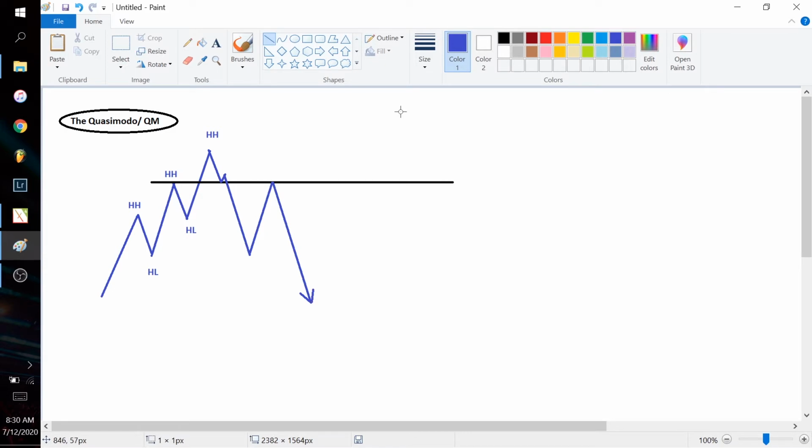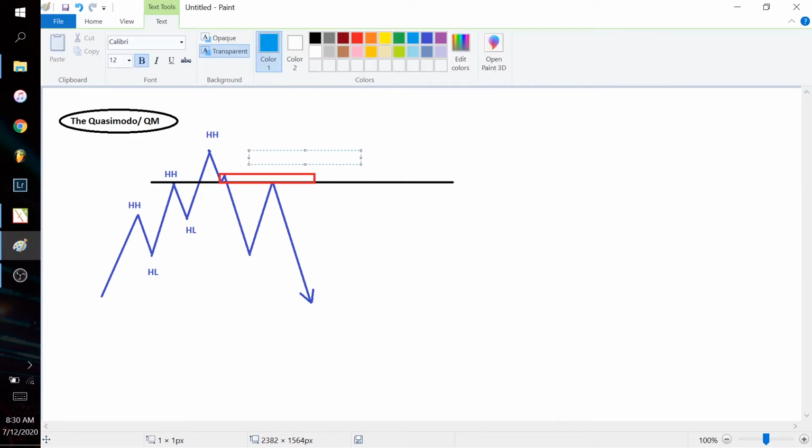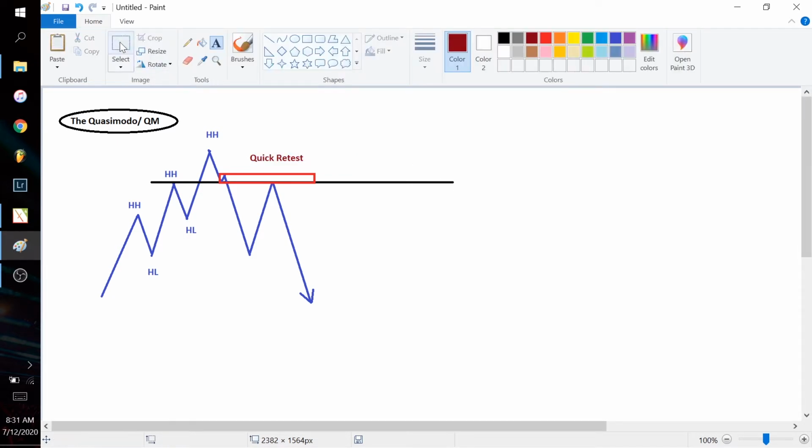So this is the quick retest QM. Let me draw this out nicely for you. Let's change the color to brown. Okay, this is the quick retest QM.